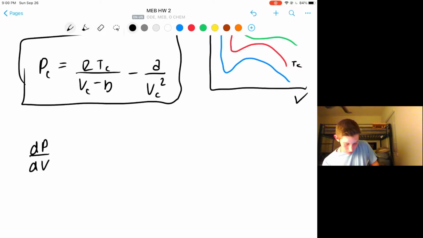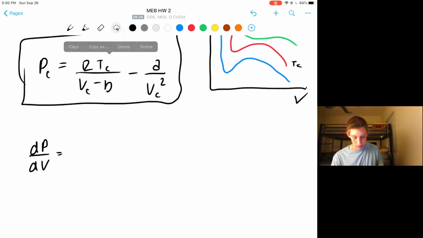The derivative of this equation with respect to volume, and notice that we have a subscript of T or C right here that relates the critical temperature, critical volume, and critical pressure.